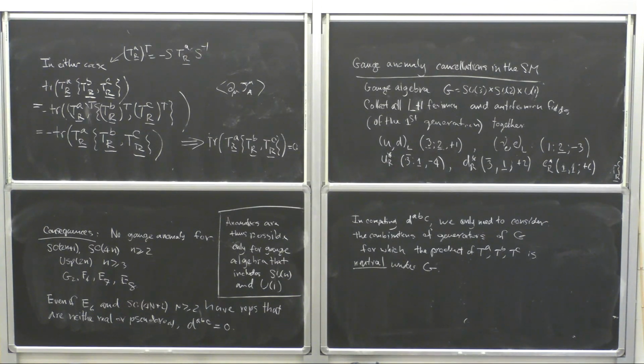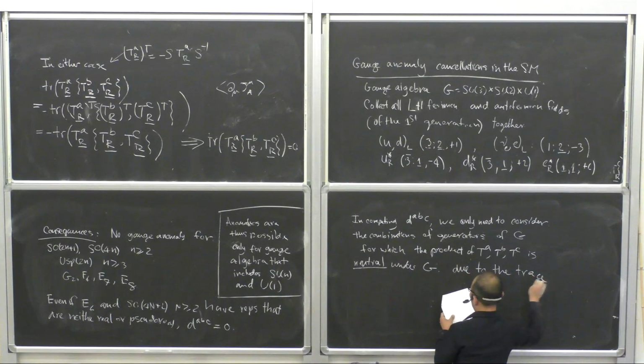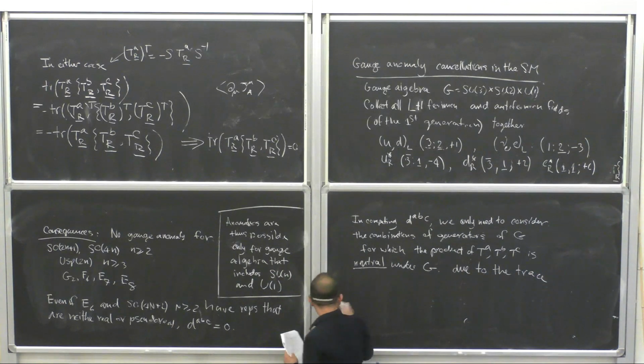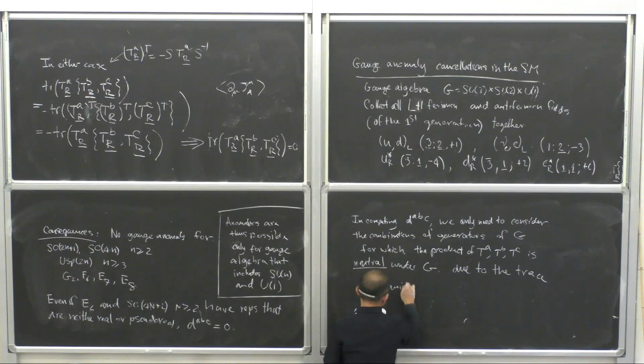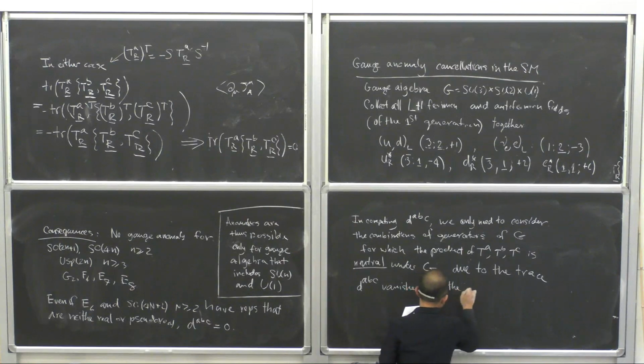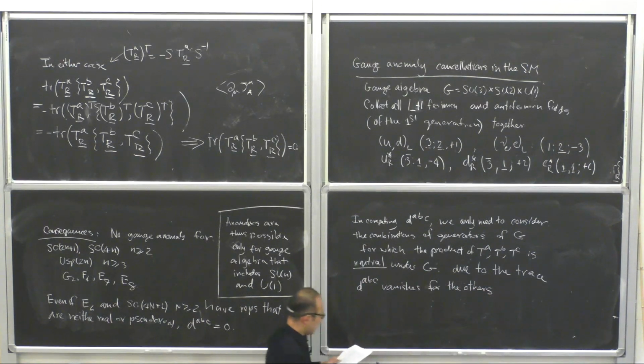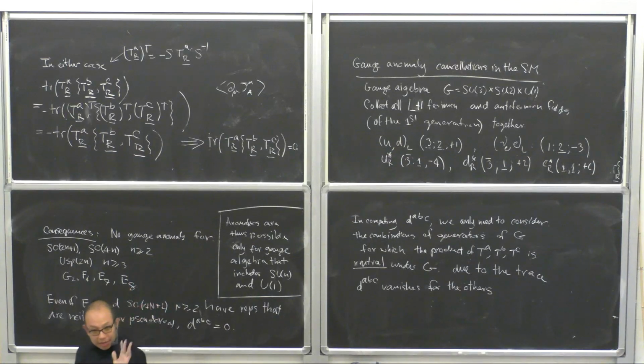So this is because of the trace, and d^{ABC} vanishes for the others. Is that clear for you?